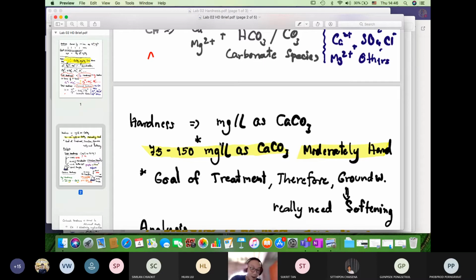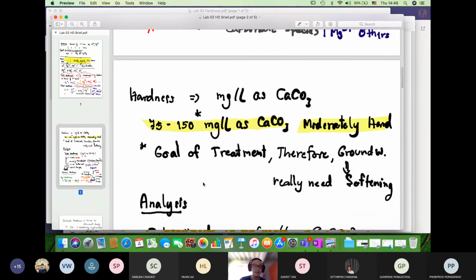But if it is too high, then we have to soften the water. So this is the goal of treatment. We are not aiming to get zero hardness or hardness-free water, okay? We just want moderately hard water for consumption.